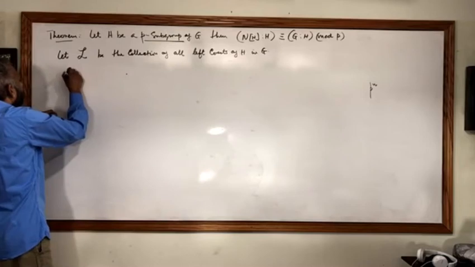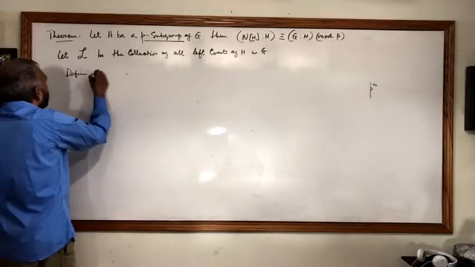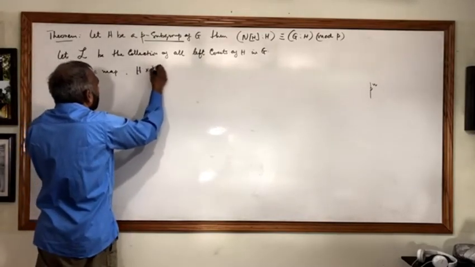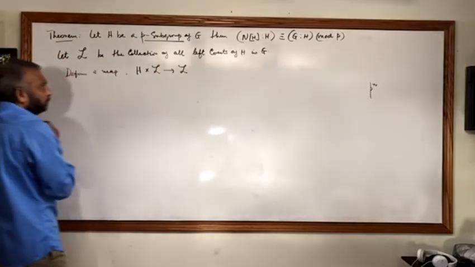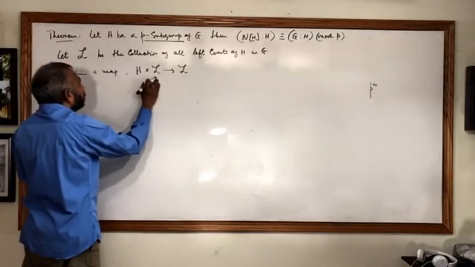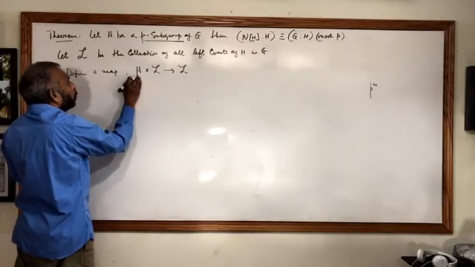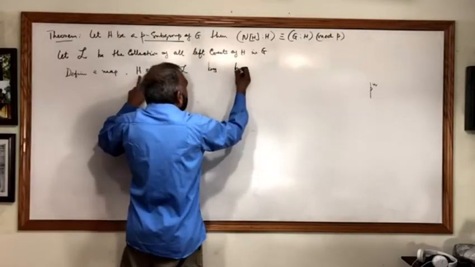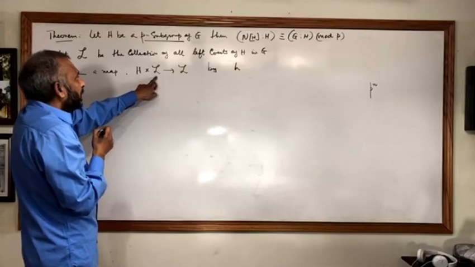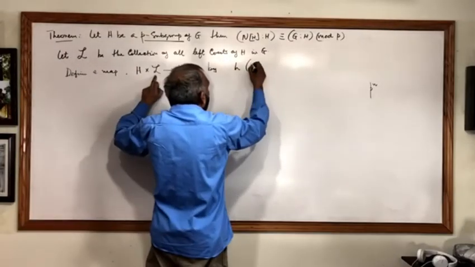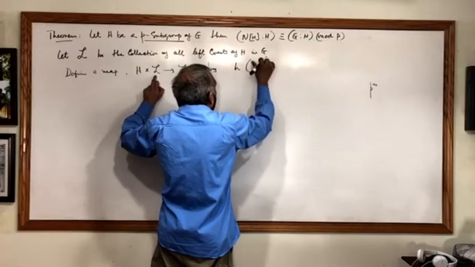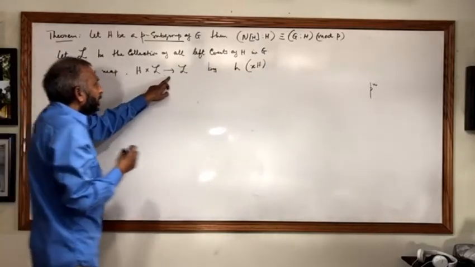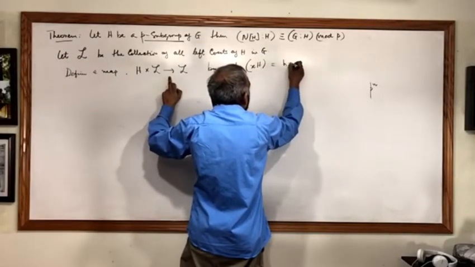Now we will define a map from H cross L to L. Basically, we are going to define a group action on L. Take an element h and take an element from L. This contains left cosets, so it will be of the form xH, and our definition is hxH.